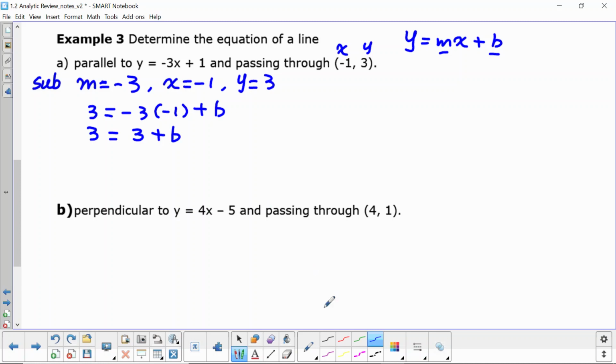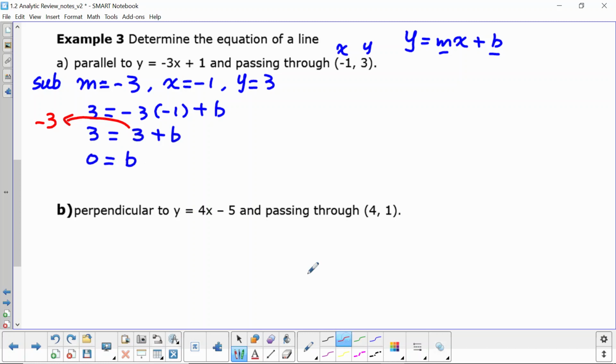Then in order to find the b value, we need to isolate b. We move the +3 to other side. By doing opposite operation will be -3. So -3 plus 3 give you 0. Then this is your b value.